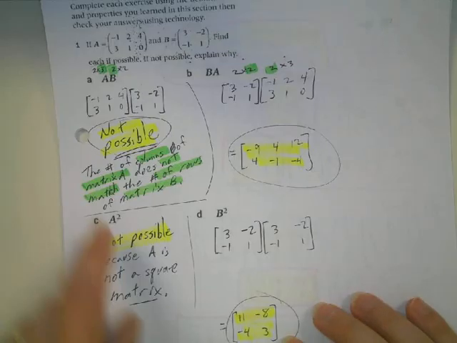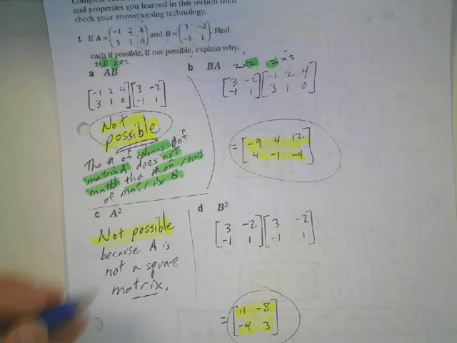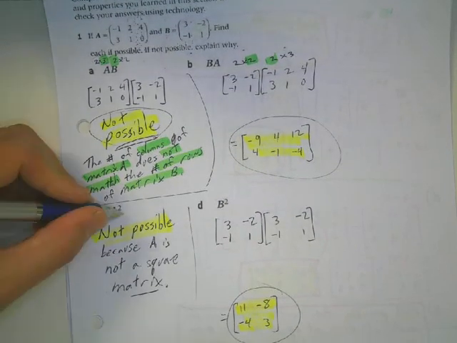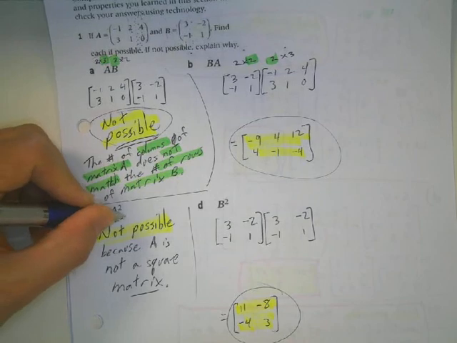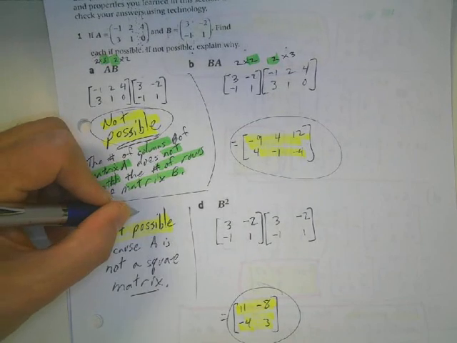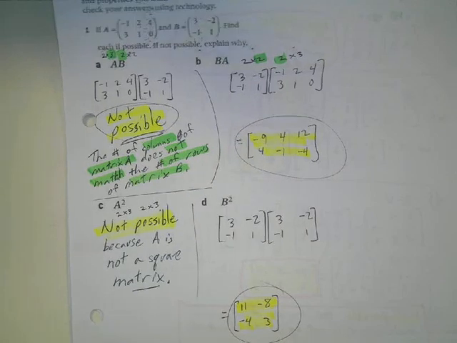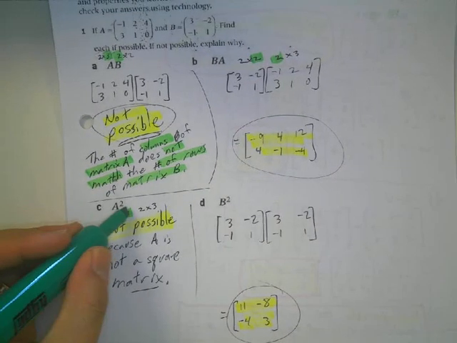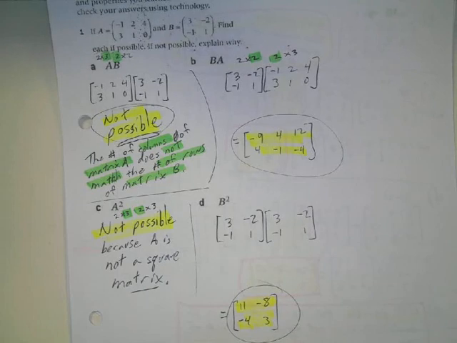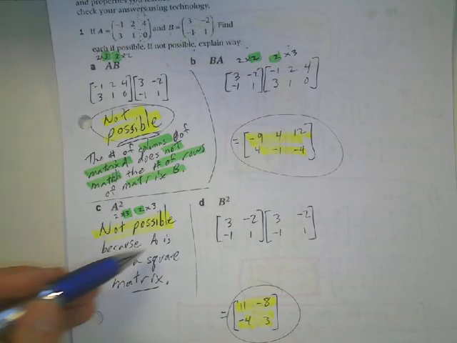Okay, and we know that this is not going to work because if I've got a 2 by 3 matrix and a 2 by 3 matrix, this one here doesn't match there. So basically, if I'm going to square a matrix, it needs to be a square matrix.